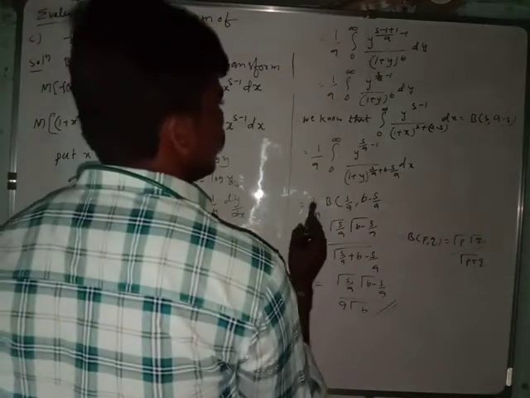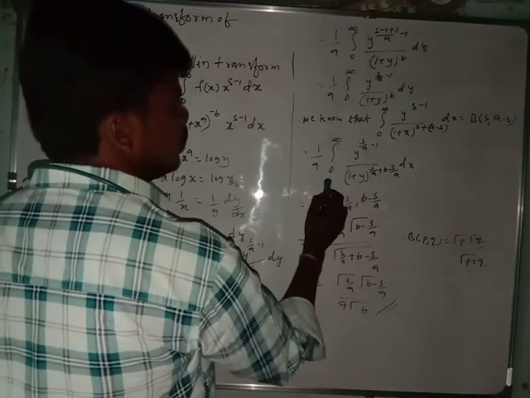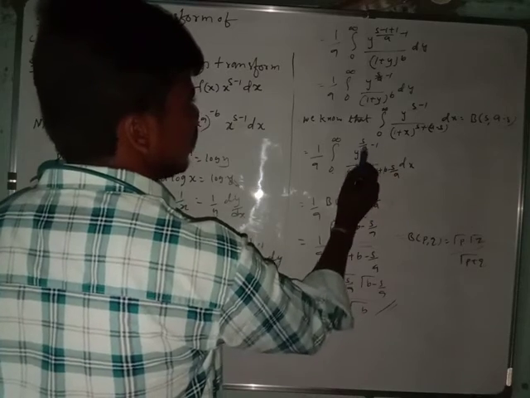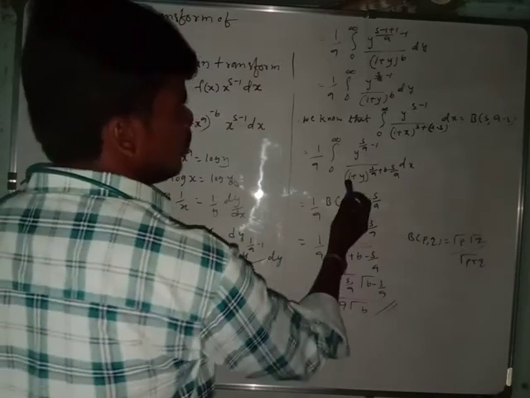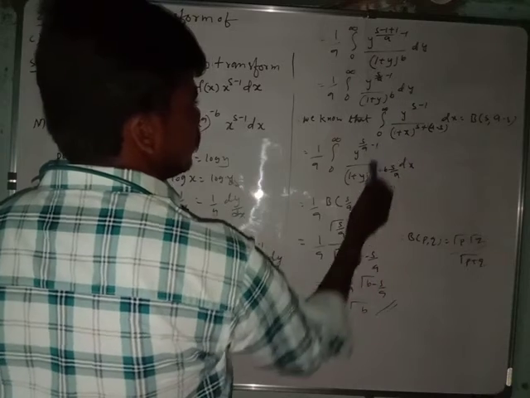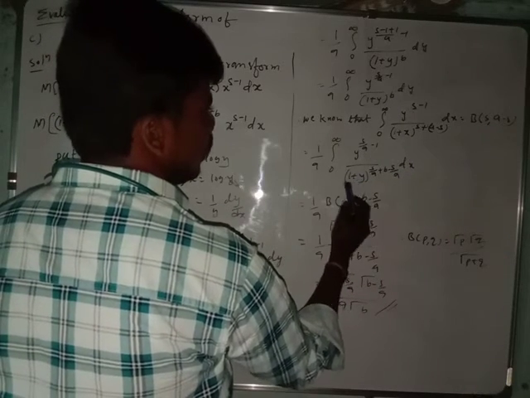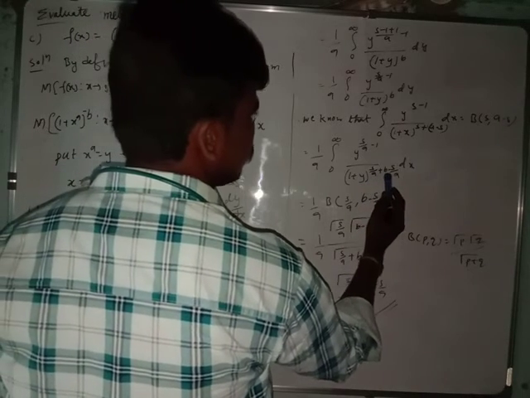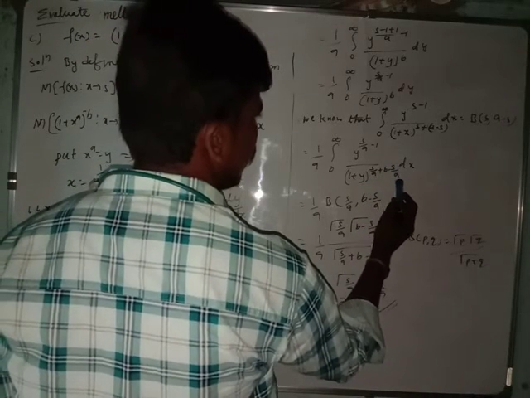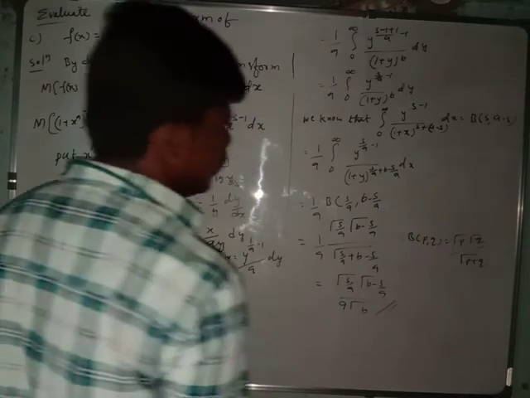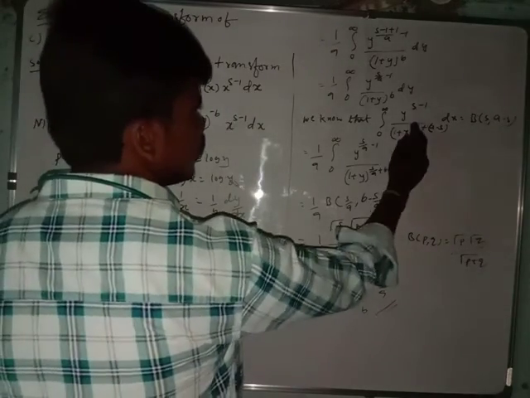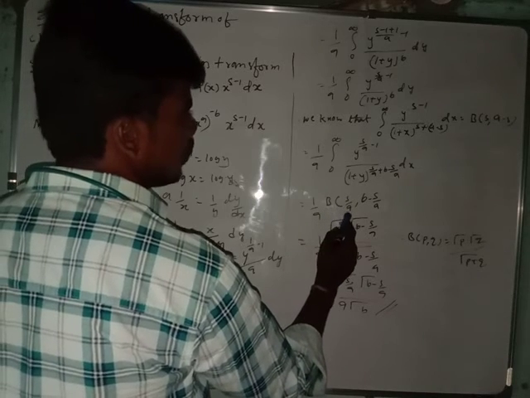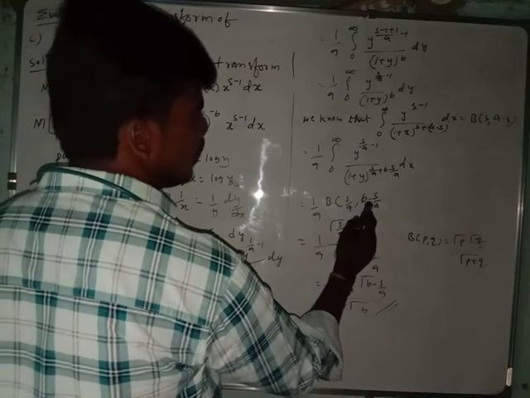Using this formula here, 1 by a times the integral from 0 to infinity of y^(s by a minus 1) by (1 plus y)^(s by a plus b minus s by a) dy. Okay, now this can be written using this formula as 1 by a into beta of s by a comma b minus s by a.